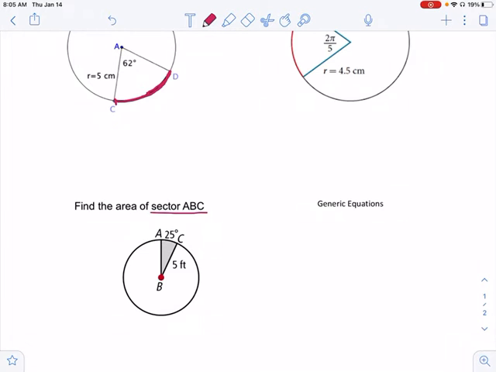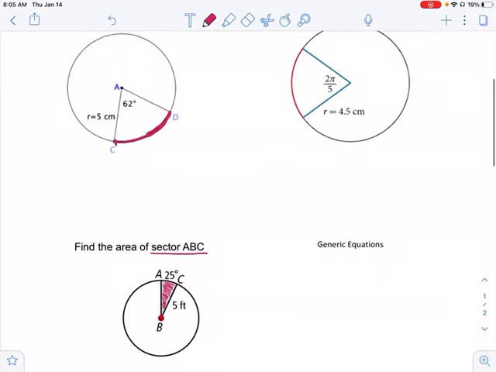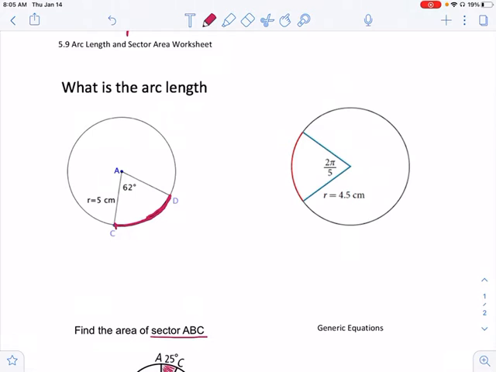And a sector of a circle is just basically a slice of that circle. So this is area. Okay, so this is a two-dimensional space here that we're looking to find the area of. And then with arc length, it is the one-dimensional distance along that curve from C to D.